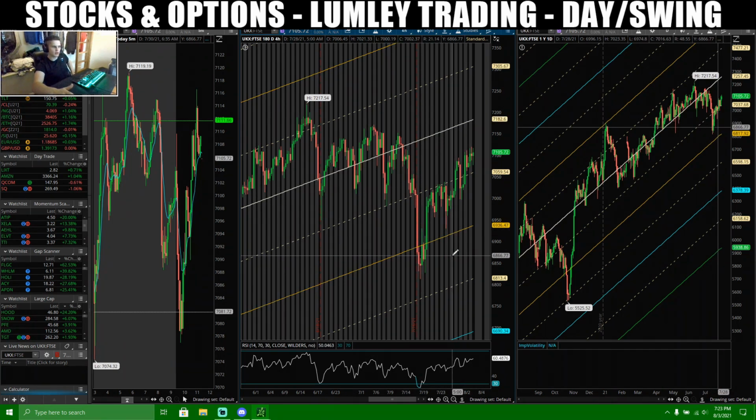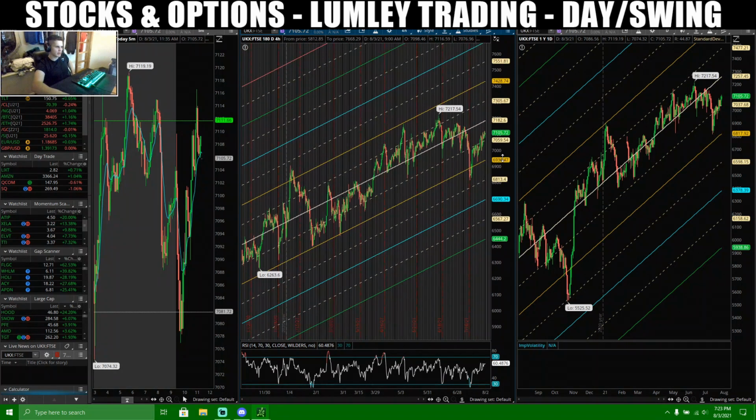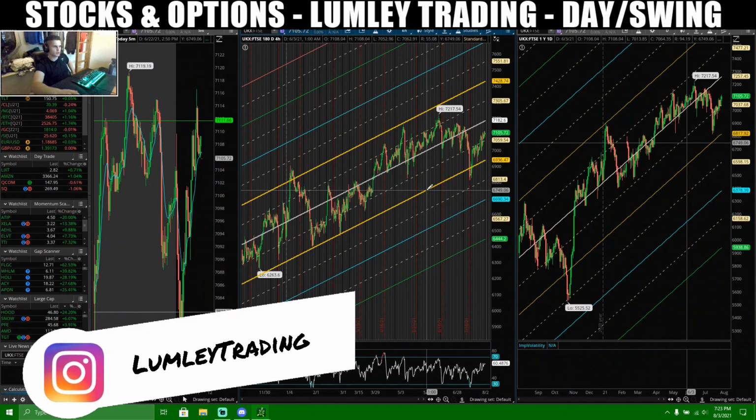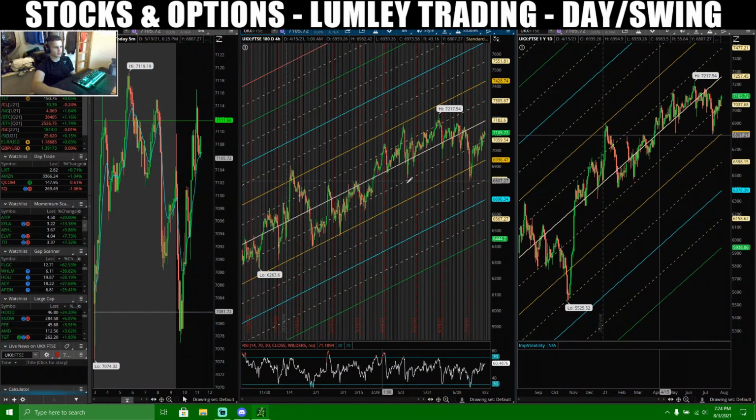Also, if you've never watched a video of mine before, these are called standard deviation channels, and are basically statistical probabilities. The orange lines you see here, it's roughly a 68% chance that the stock or the ETF will trade inside these orange lines.